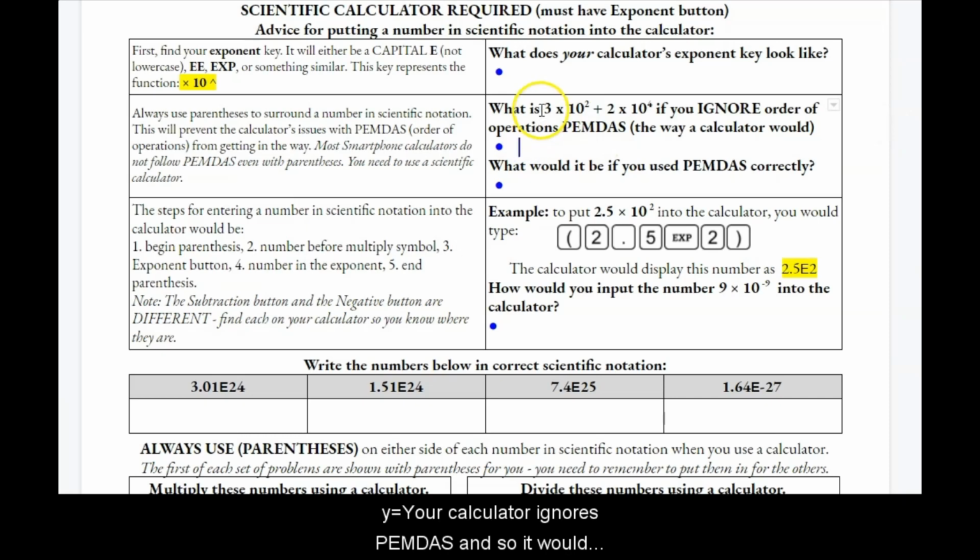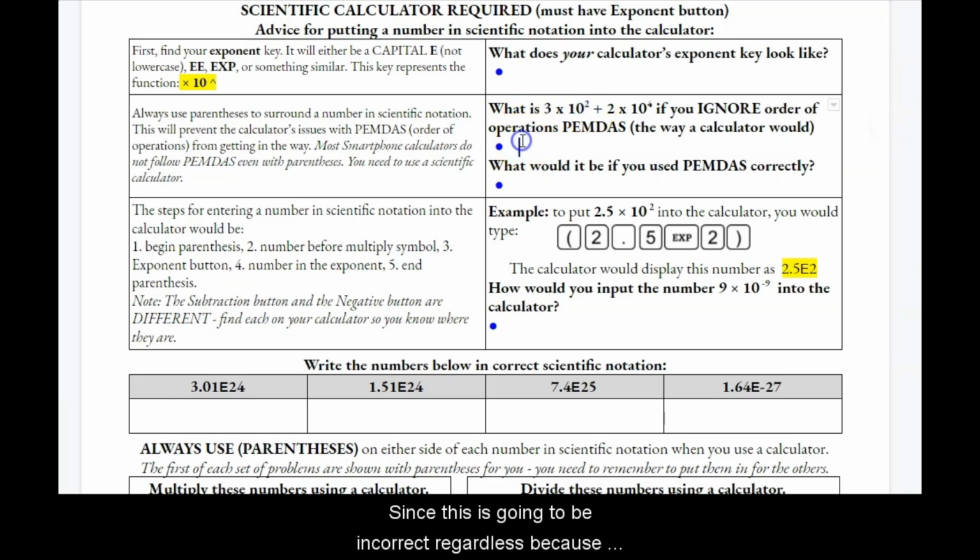Your calculator ignores PEMDAS, and so it would take 3 times 10 to the 2, and then it would add 2, and then it would multiply it by 10 to the 4. So let's find out what this would be if you ignore PEMDAS. So 3 times 10 squared. So it's either going to be 3 times 10 and then square that, or 3 times 10 squared.